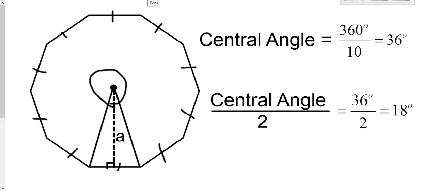So this little angle right here that we need later in the harder problems, that little half of it is 18 degrees. This one's 90, and we don't need to know what that one is. That'll help us set up a trig equation later for that right triangle to maybe find the apothem or this little piece of the side, half of the side, and be able to find the side.